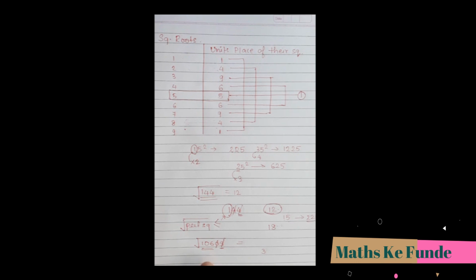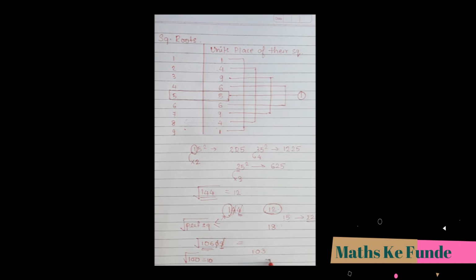The perfect square of 11 is 121. If I go with 11, it's more than 106. So the perfect square I'm looking for is 100, and if I take the square root of it, I get the number 10. So the square root that I'm looking for should be either 103 or 107.